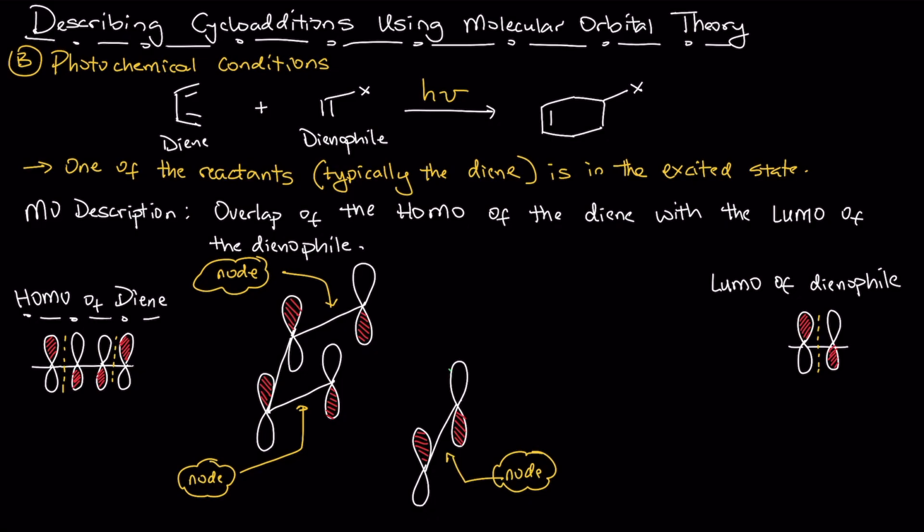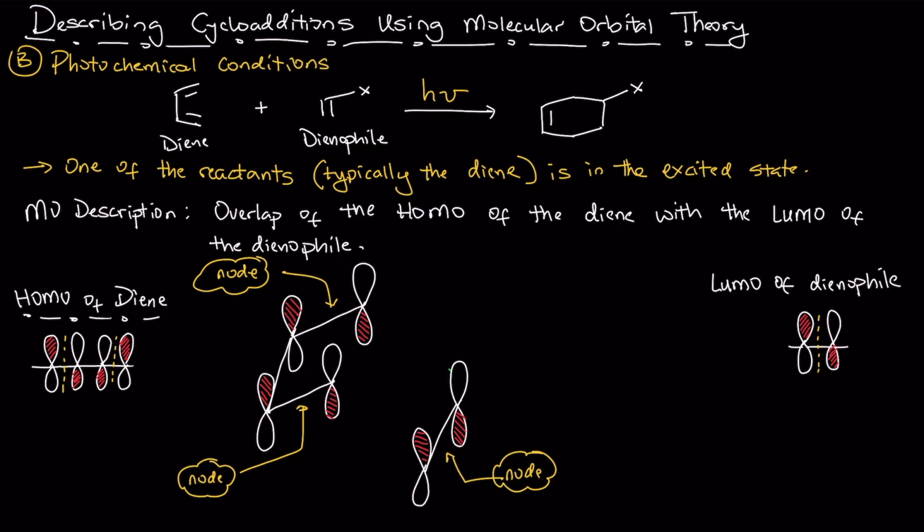Remember, once again, our diene is above, the dienophile is below. And so we are sandwiching the bottom of our diene p orbitals with the top of our dienophile p orbitals.